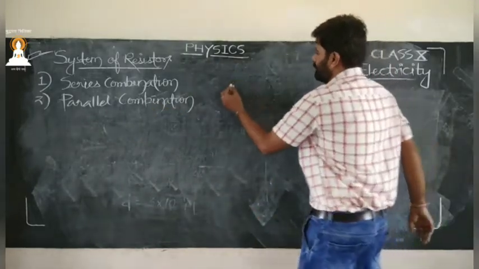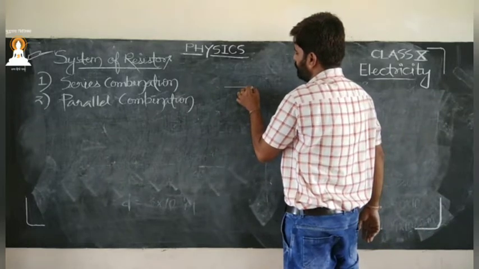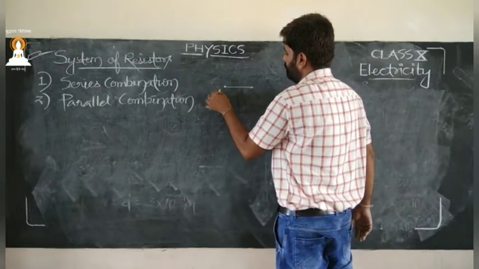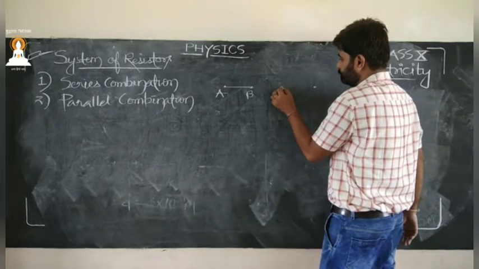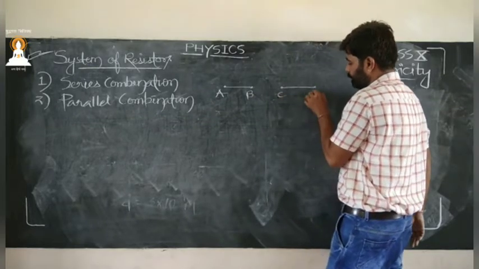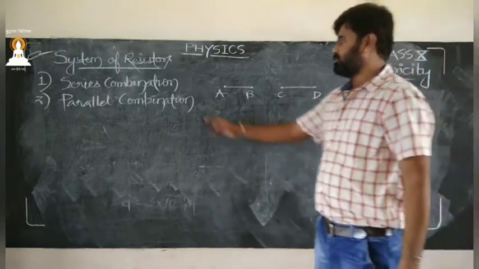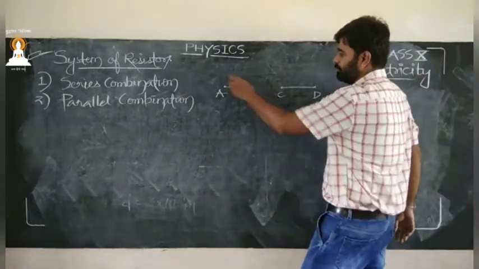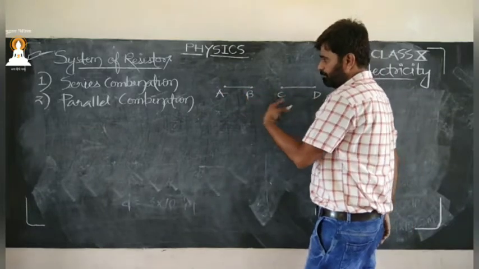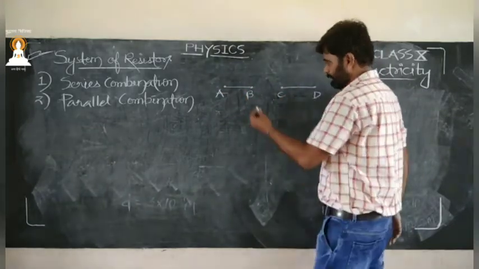Now, see, suppose I am having two wires, simple. This is wire AB, and this is wire CD. Now, if I talk about series combination, I want to arrange them in series. Which terminal should be connected to which one? So simple.